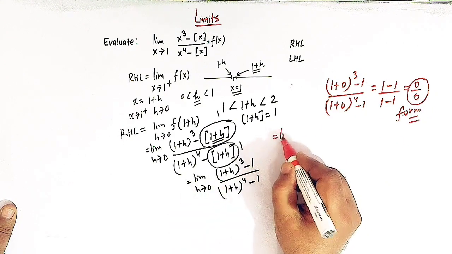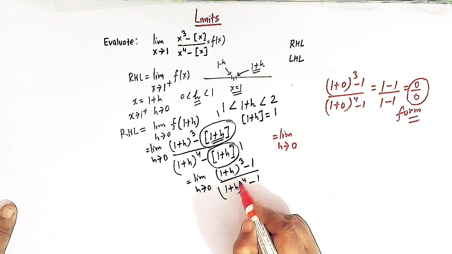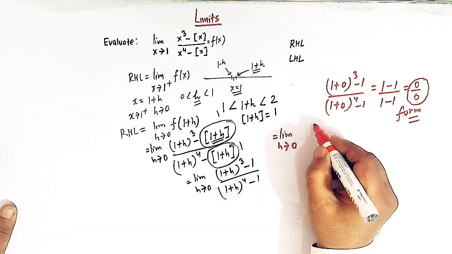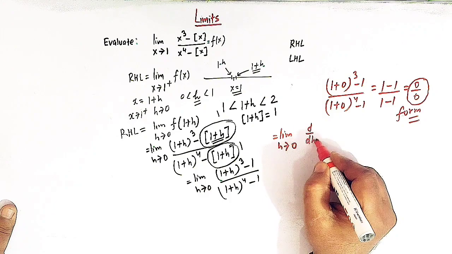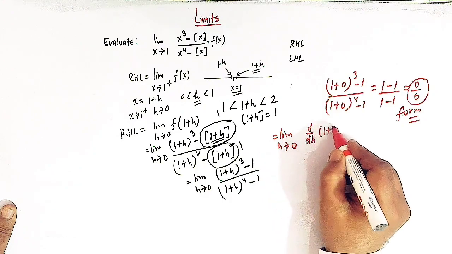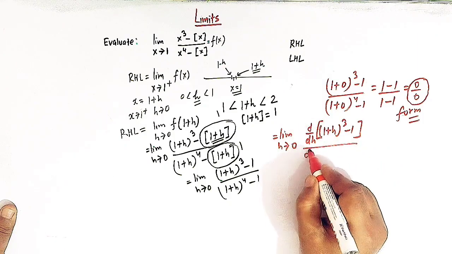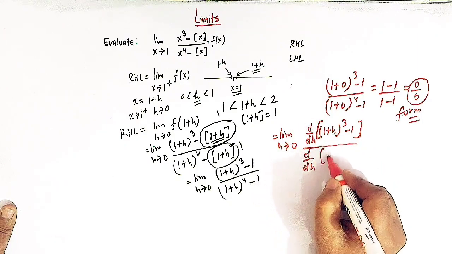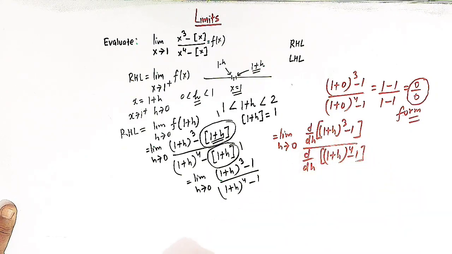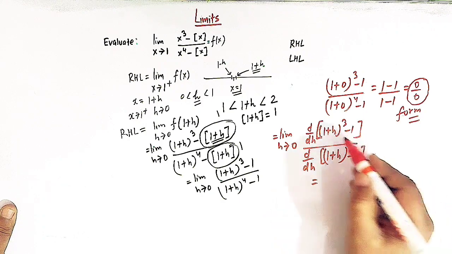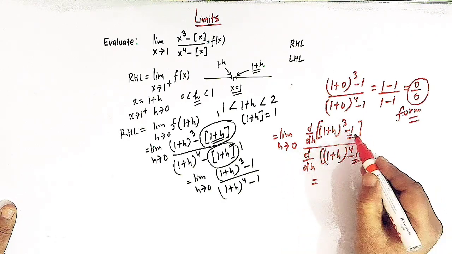So by applying L'Hopital's rule, we'll differentiate the numerator and denominator with respect to h. So we have d by dh of (1 plus h) cube minus 1, and then d by dh of (1 plus h) raised to 4 minus 1, right? Now the derivative of 1 is 0, and here also the derivative of 1 is 0.